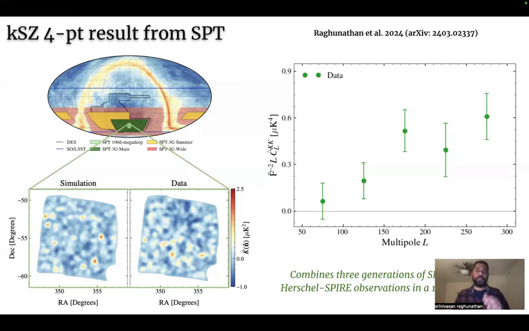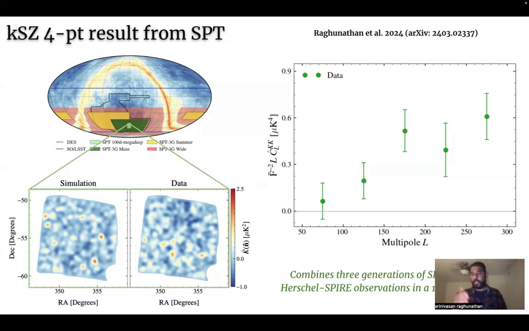Okay. On the bottom left, we see these 2 maps. On the left is the map from simulation, and on the right is the map from data. All I would like to say here is that the data and the simulation look very similar statistically, which says that we actually understand what's going on in our data. Then on the right, you're looking at the tri-spectrum measurement.